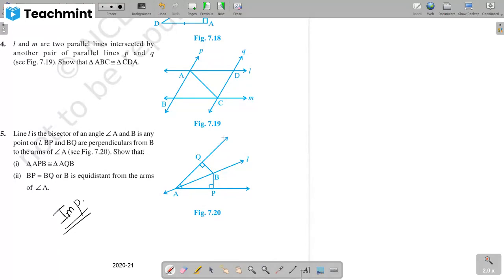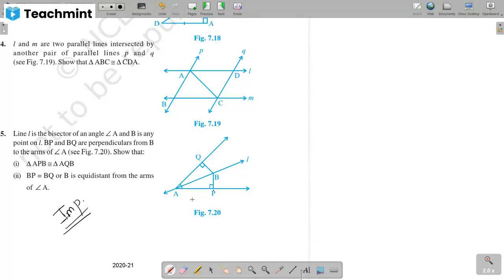These are the arms of angle A, and BP and BQ are the perpendiculars to the arms of angle A. We have to show that triangle APB is congruent to triangle AQB.